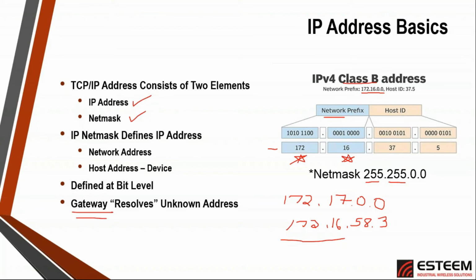That gateway address is essentially the third part of the IP address that says if it doesn't match where my address definition is, where do I go to find out where to get it to? That is the address that you put within the radio to point at, as we were speaking about on the previous slide. That's the point that's going to resolve it. That's the router address itself.